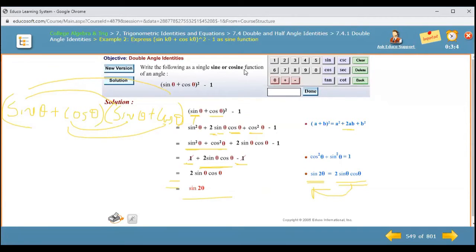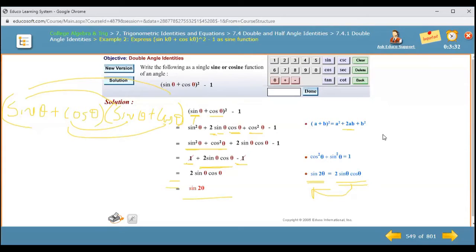Now again, questions are easy, but we need a lot of practice to solve these questions. Looking at this, I know one thing, that I have to start from squaring. Either I can use FOIL or I can use the formula, any one of these two. Either way I'll get the same answer.